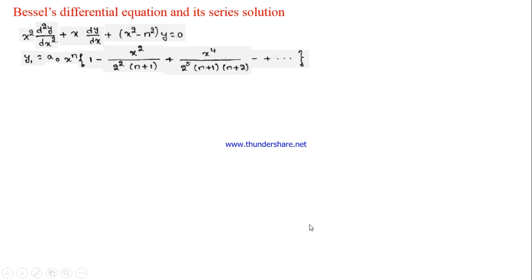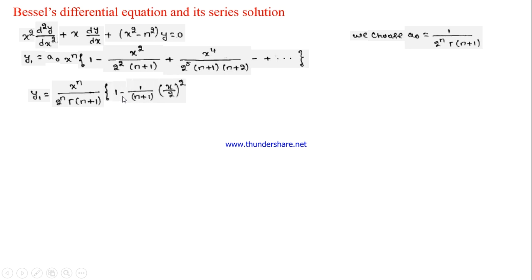But further, by choosing the value of a naught is equal to 1 by 2 power n into gamma of n plus 1, we get y1 equal to x power n divided by 2 power n into gamma of n plus 1 times 1 minus 1 by n plus 1 times x by 2 whole square plus 1 divided by n plus 1 into n plus 2.